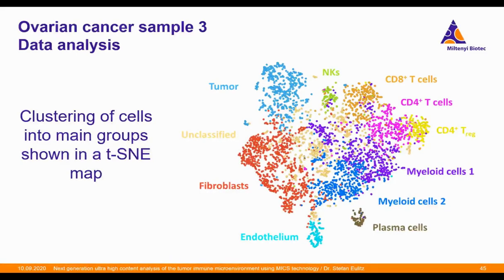After that, the dataset was visualized in a t-SNE plot. What we can see here is that we find all the major groups of cells, which were also shown in the overlay images in the beginning. But there are also some unclassified cells which might need a closer look and could bear some striking findings.